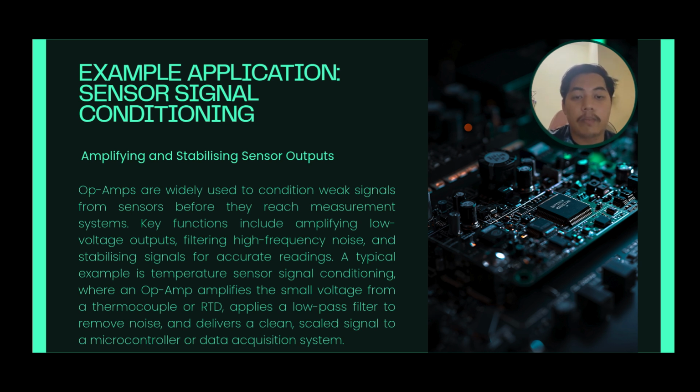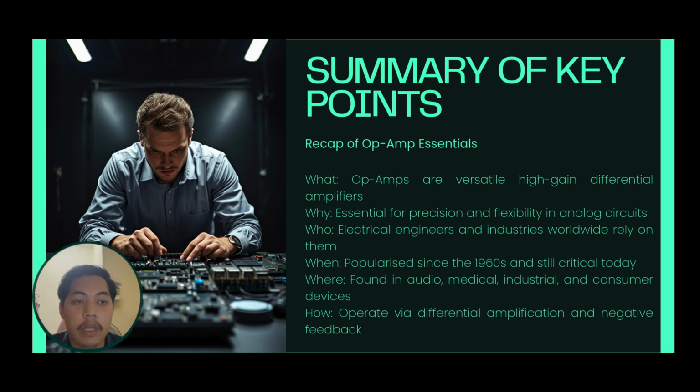For summary, let's recap operational amplifiers. So, what are operational amplifiers? Operational amplifiers are versatile, high gain differential amplifiers, and they are essential for precision and flexibility in analog circuits. Who uses them?